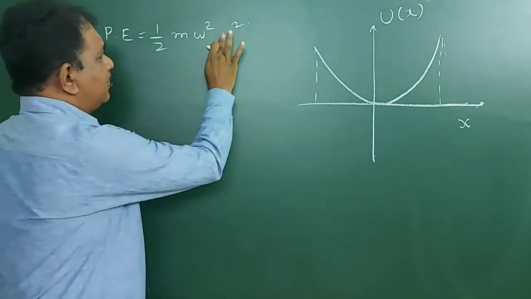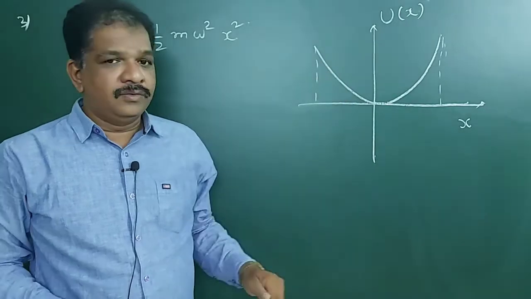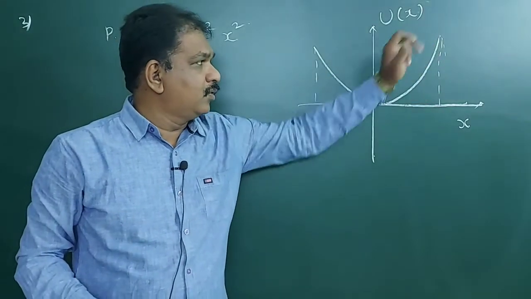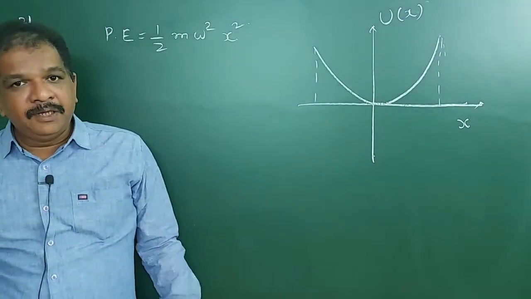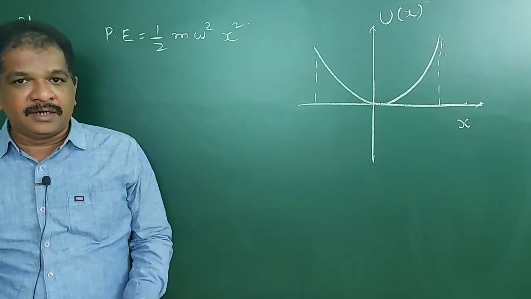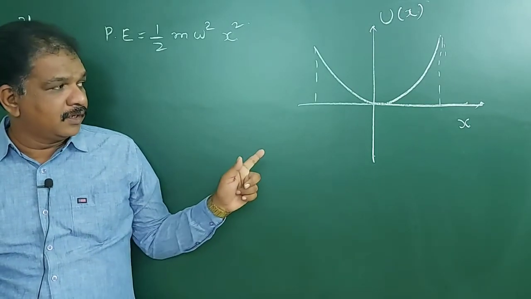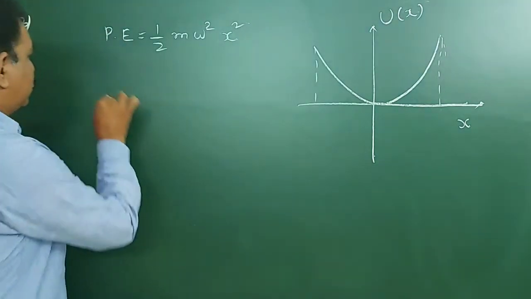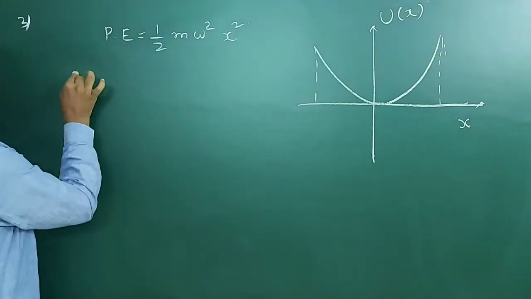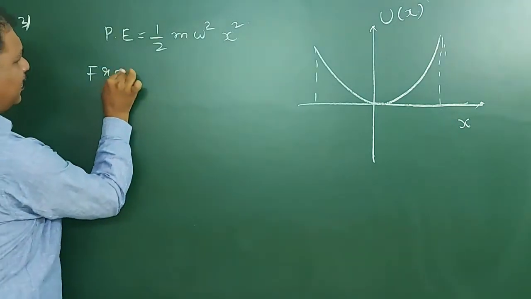When x is equal to 0, PE will be 0. When x is equal to maximum, PE will be maximum. Means the particle started from the mean position. From this we can understand.